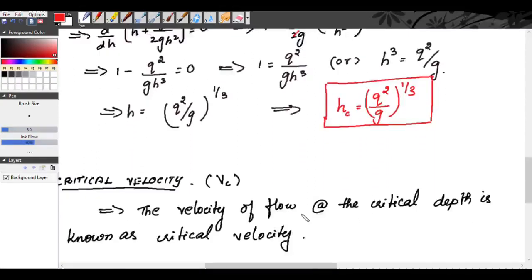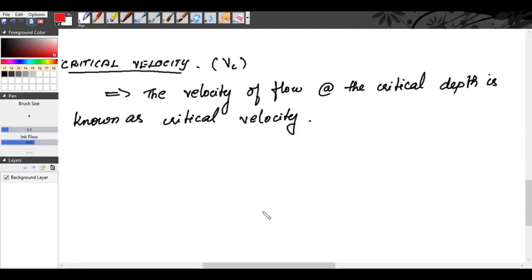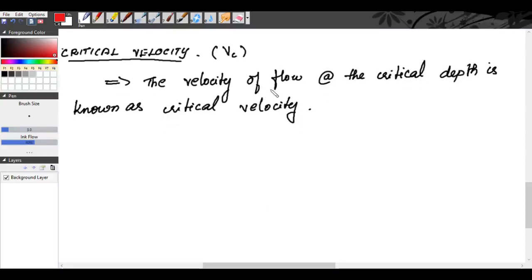Similarly, we will see what is the critical velocity. We know critical velocity is the velocity of flow, V means velocity. Critical velocity means the velocity at the critical depth. So velocity at critical depth is known as critical velocity. Mathematically, we know the critical depth HC is equal to Q square by G the whole raised to 1 by 3.